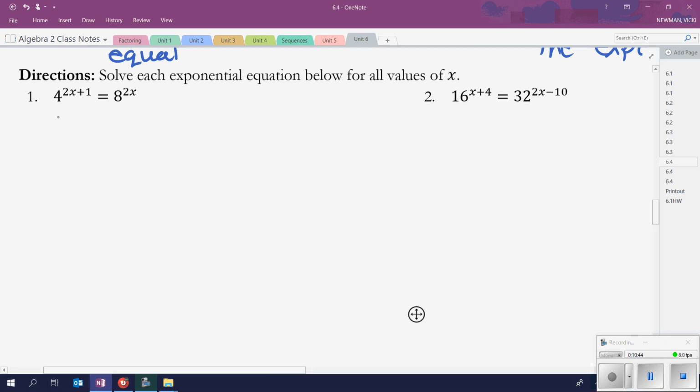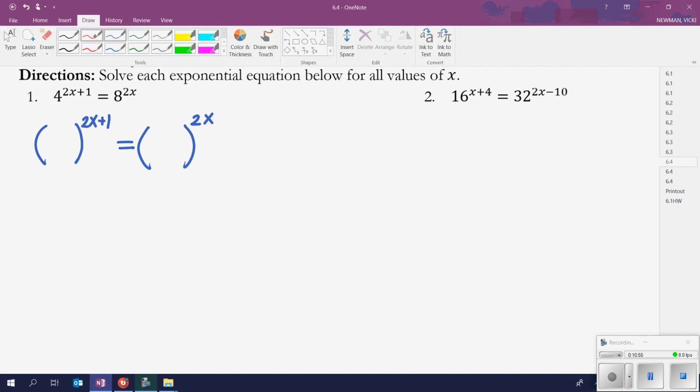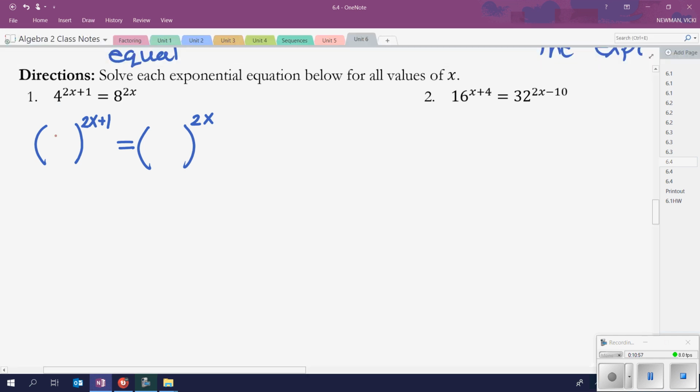So, just a few minutes ago, we were substituting, and we said when we make a substitution, we use parentheses. I'm substituting the number 4, but I'm just changing the way it looks. I'm saying I want to write it as 2 squared. And 8, I'm writing as 2 cubed, so that these two things are going to have the same base.